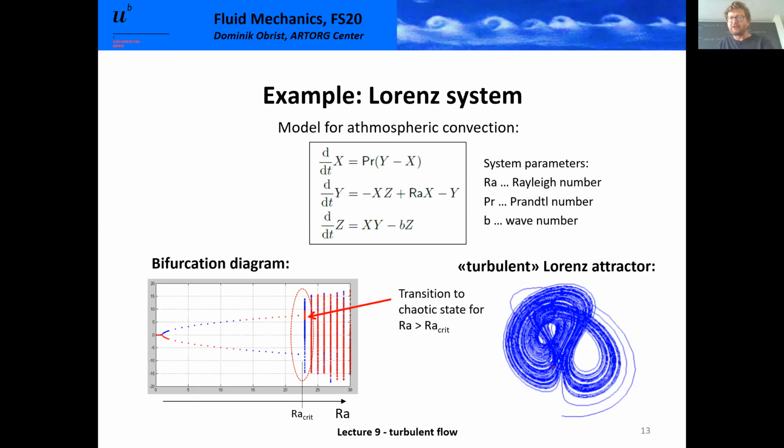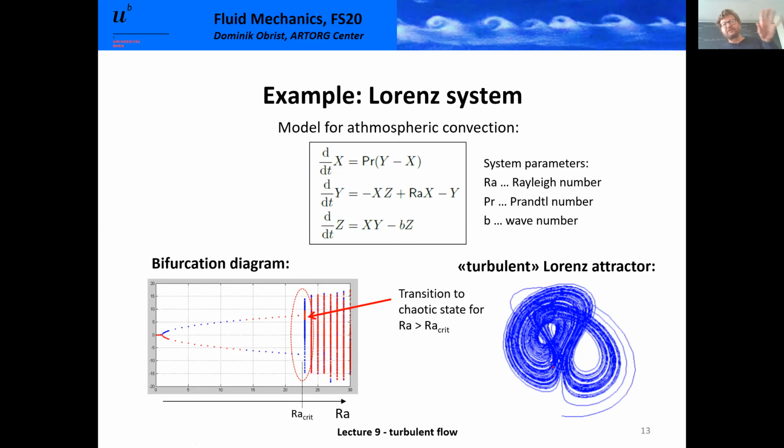But what we're going to see now, and maybe you have seen it somewhere on the TV, this Lorenz attractor you have on the bottom right of this slide, this is only there because we have these nonlinearities in the system, just as we have nonlinearities in the Navier-Stokes.